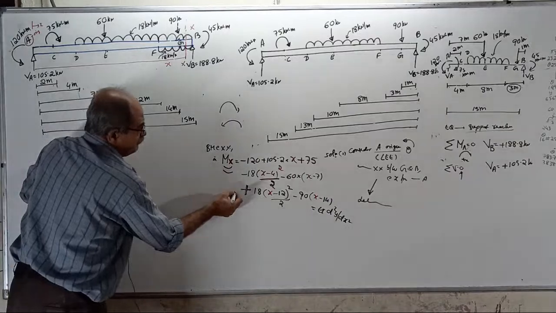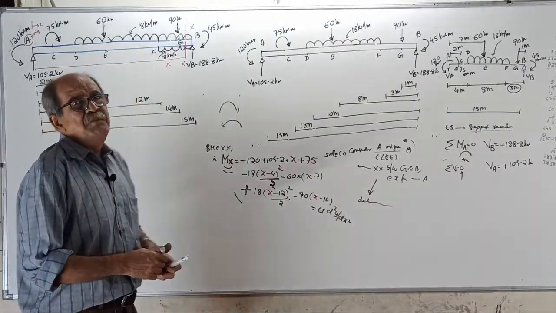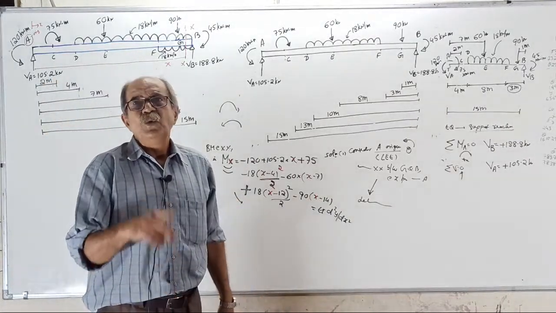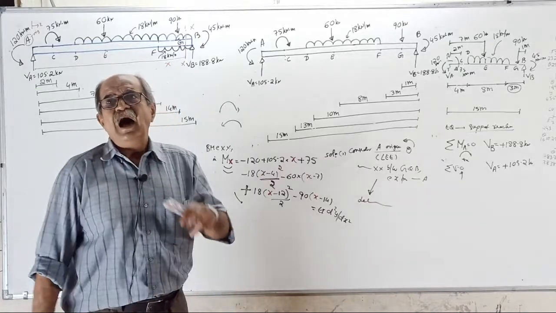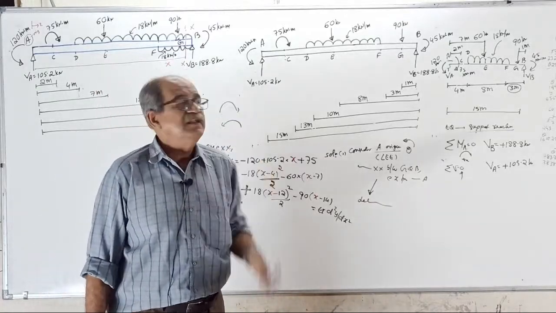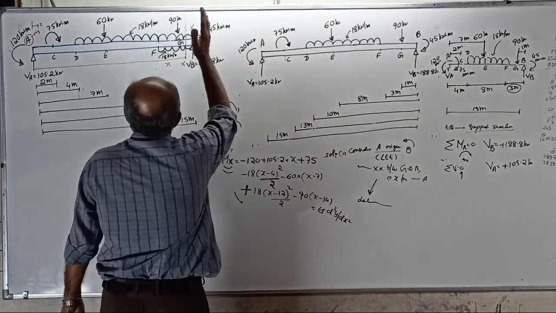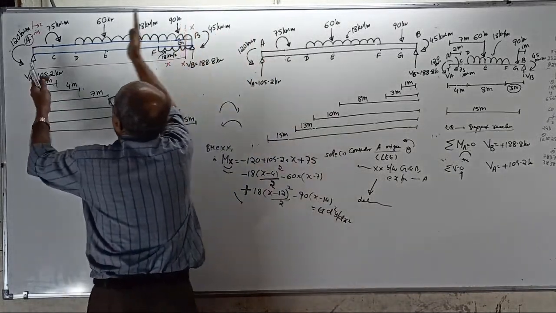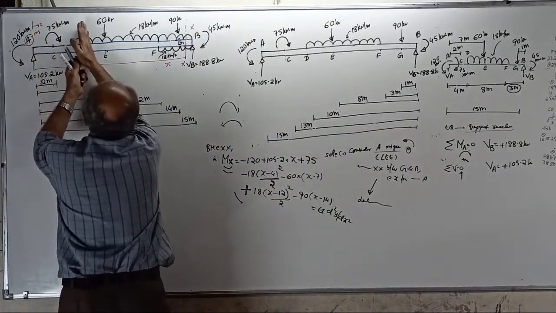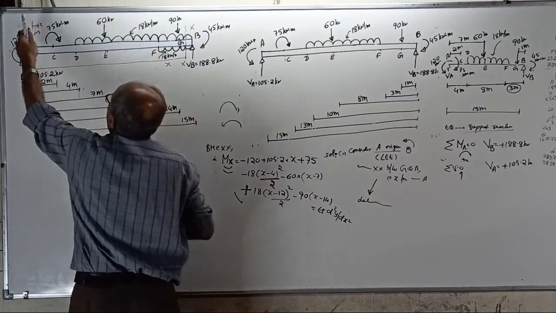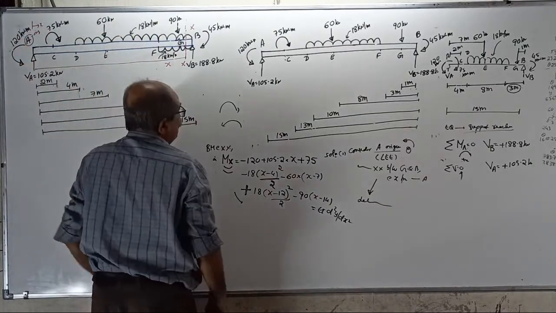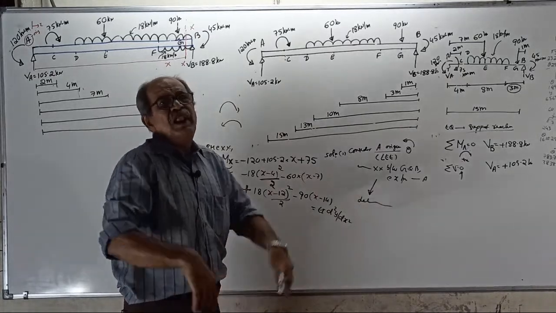Now next step. Now immediately make a note. Very, very powerful note. I will not tell once again. When you find bending moment here, or here, or here, 120 and 105.2 will always come.